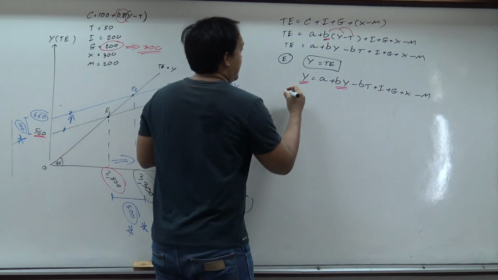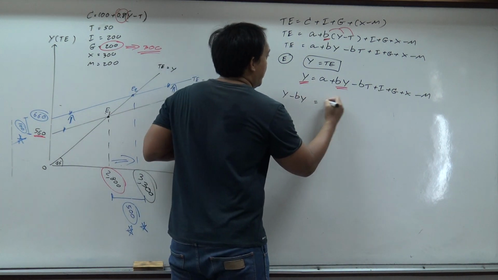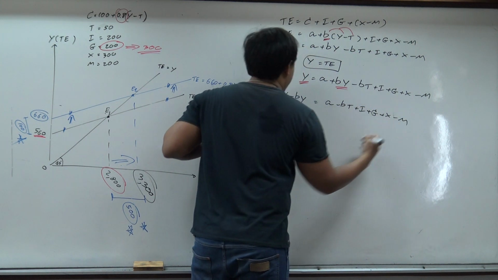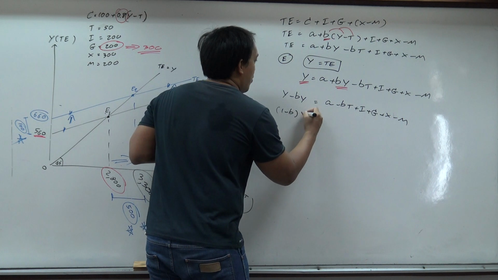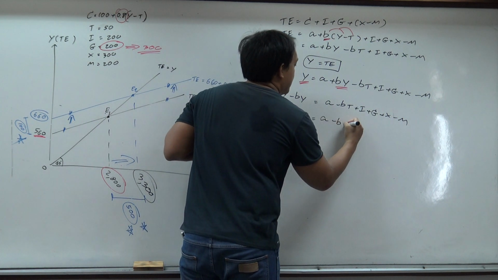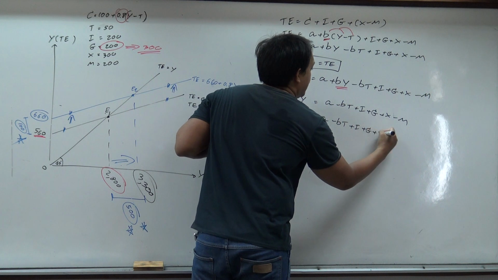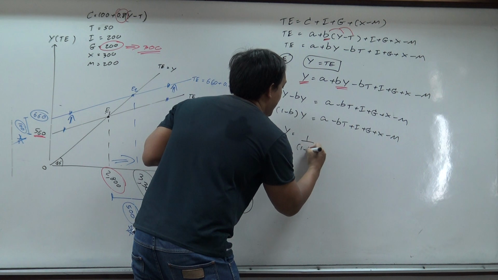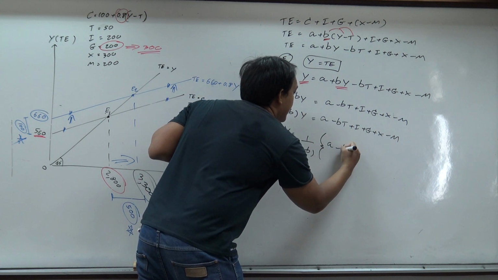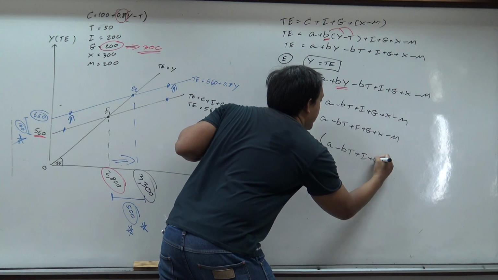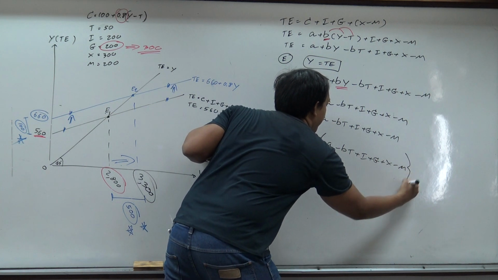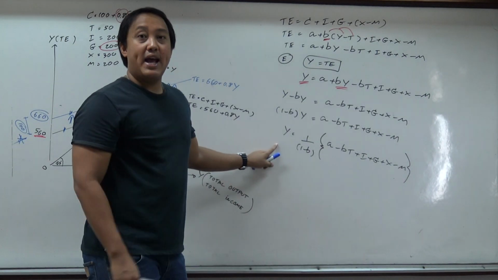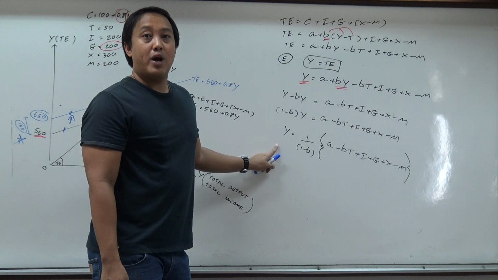I get Y minus BY equals A minus BT plus I plus G plus X minus M. So (1 minus B)Y equals A minus BT plus I plus G plus X minus M. Y equals 1 over 1 minus B, times (A minus BT plus I plus G plus X minus M). This is what I have.